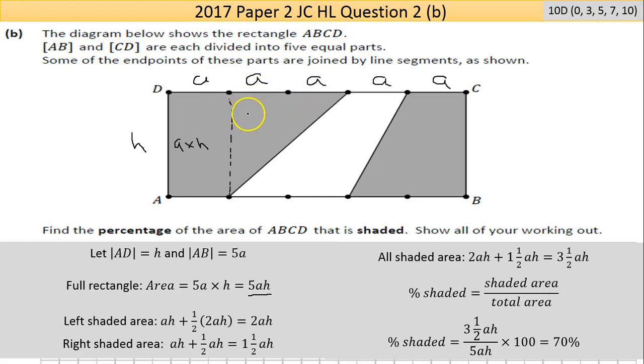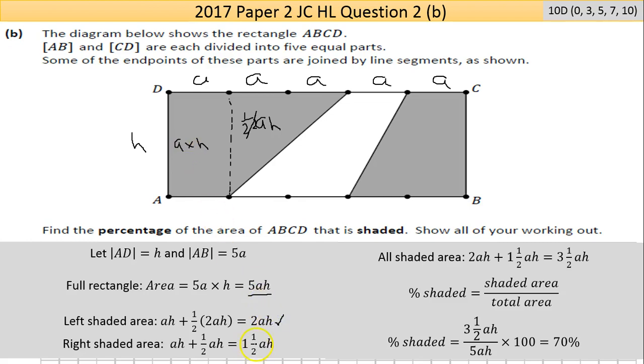So it's a half, 2A times H. Now the half cancels the 2, 2 multiplied by half is 1, so that's AH. So that larger shaded area is AH plus AH, which is 2AH.